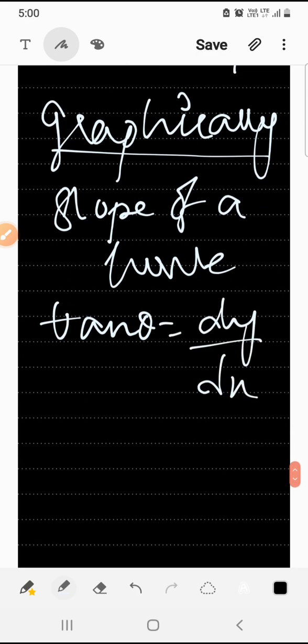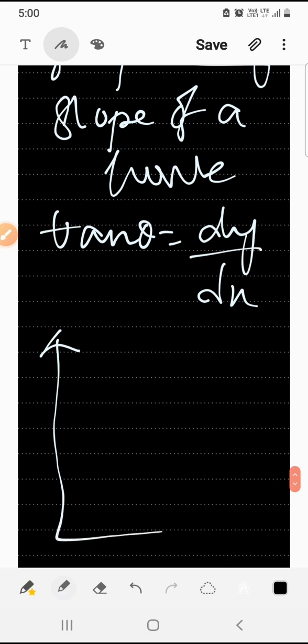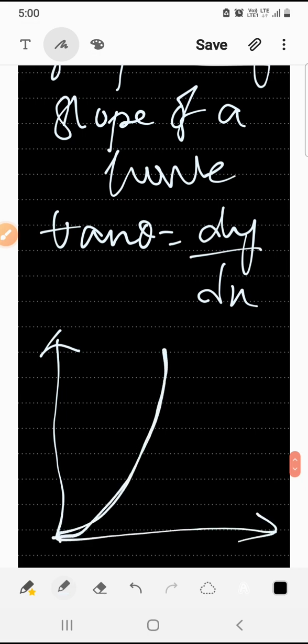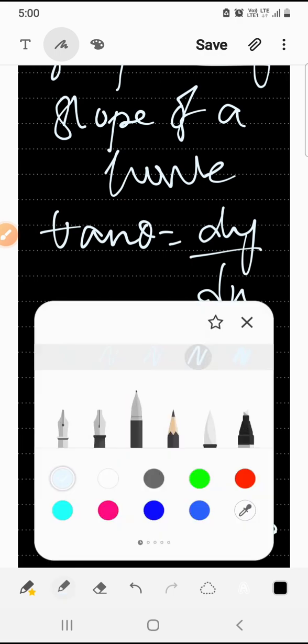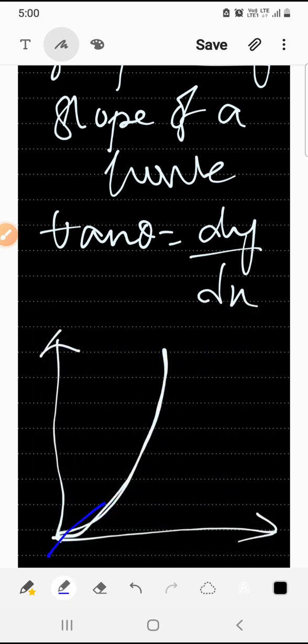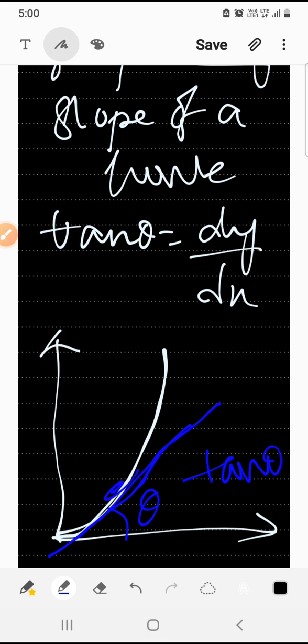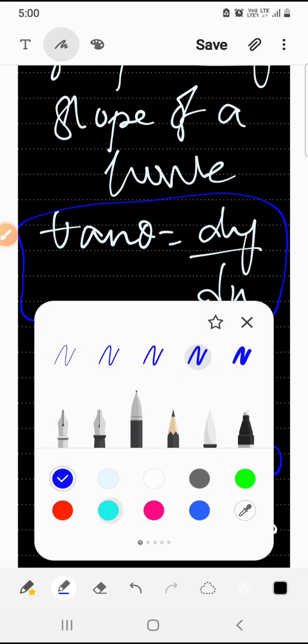If you draw a graph like this, it will be curved like a hyperbola, and on this curve we draw a tangent like this, with angle theta. So tan theta is equal to dy by dx.